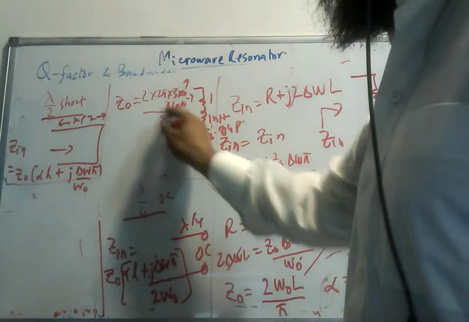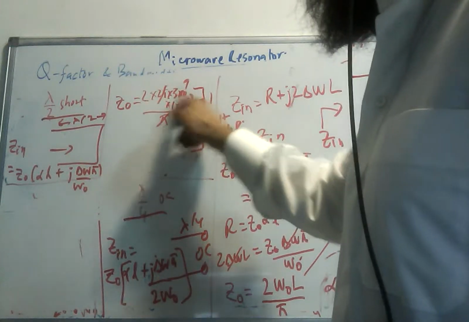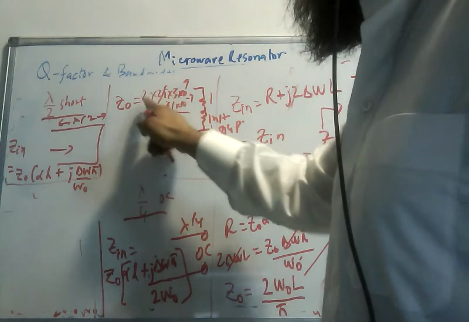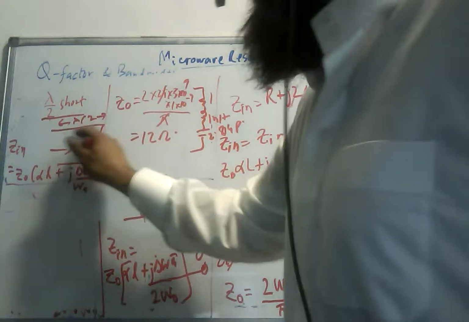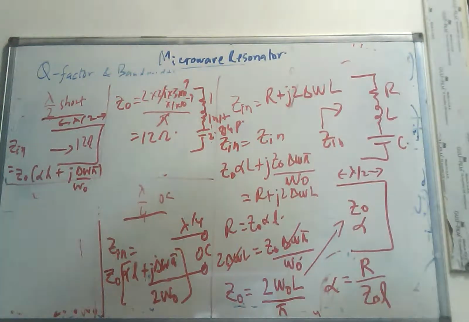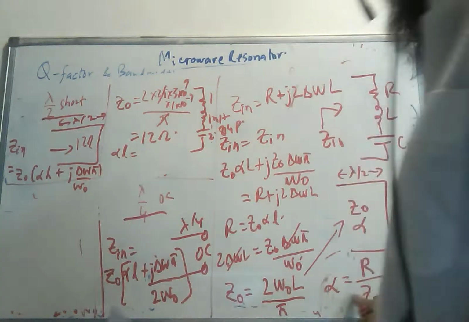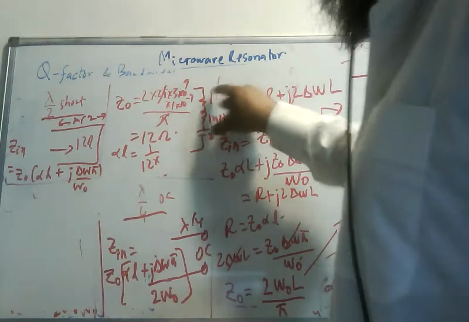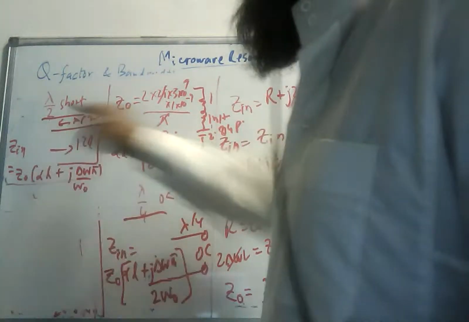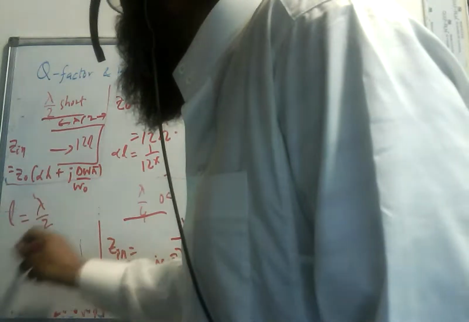Pi cancels with this, and these two cancel, so it will be 3 multiplied by 2 multiplied by 2. So this will be 12 ohms. So this transmission line is 12 ohm, and alpha is equal to R over Z naught L. So this is 1 over 12 multiplied by L. Now what is the L of this? This is lambda by 2. So L should be equal to lambda by 2, which is equal to C over 2F, right?